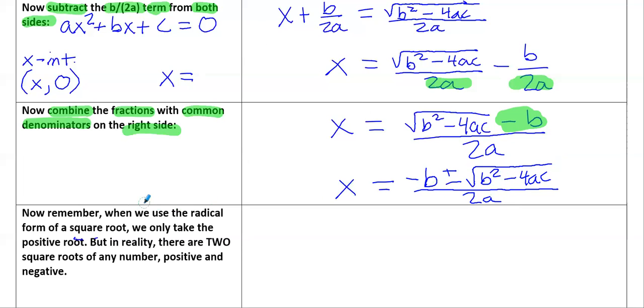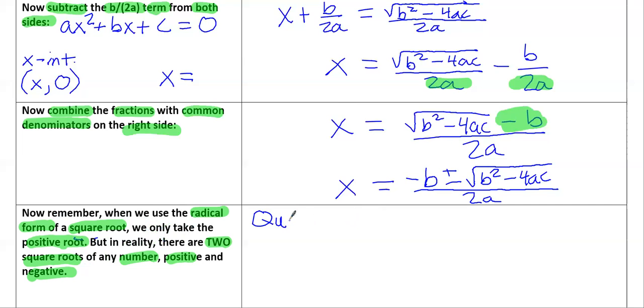We've done this. Now remember, when we use the radical form of a square root, we only take the positive root, right? We usually only take what we call the principal square root. But in reality, there are two square roots of any number, positive and negative, which is why we write it like this. This is the quadratic formula.